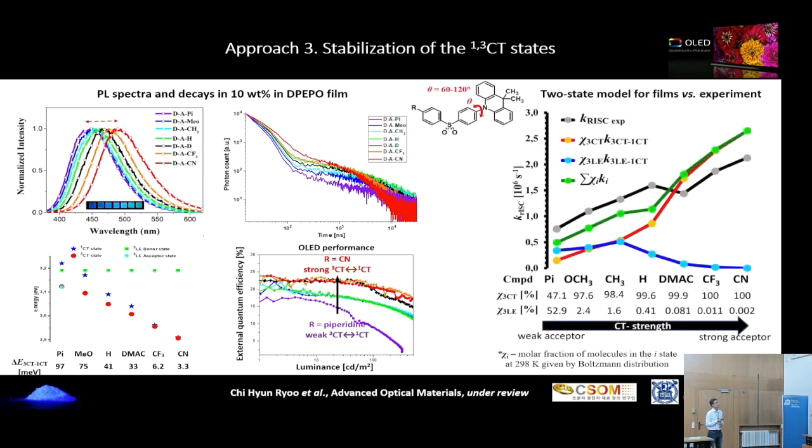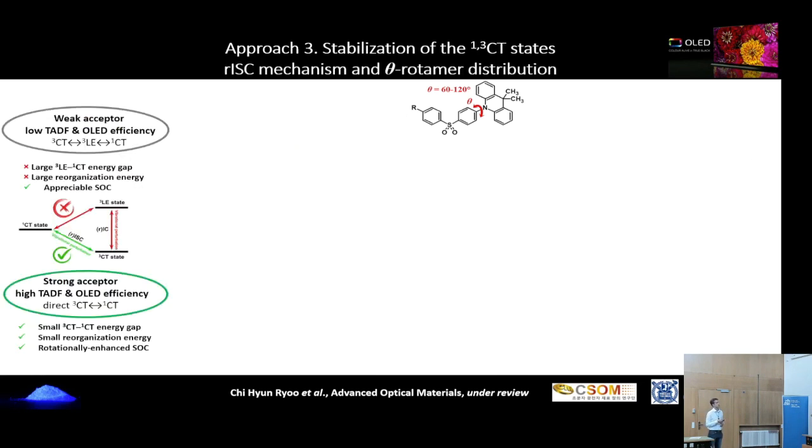And we developed this model again and showed that for the best emitters, the CT-CT transition is the most responsible for the TADF, and for the weak donor-acceptor, we switch to a large portion of the LE-CT transition, but its rate, due to the large reorganization energy, is much slower.